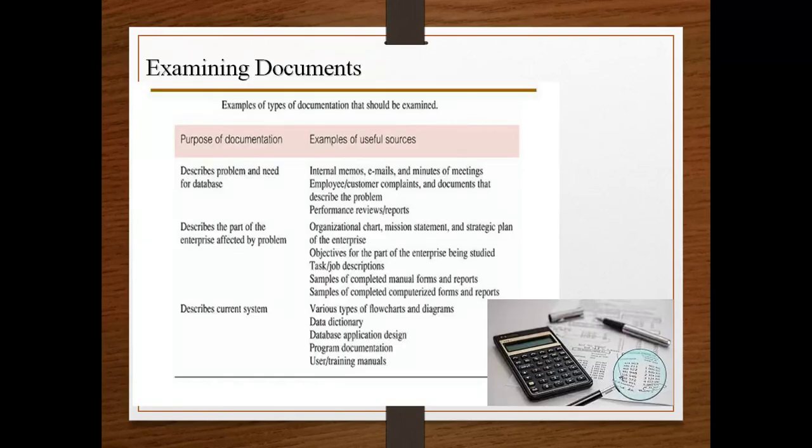The first technique which we are going to see is examining the documentation. A good system analyst will first study the existing system documentation rather than ask the people. He, or the team, will collect facts from the existing documentation.